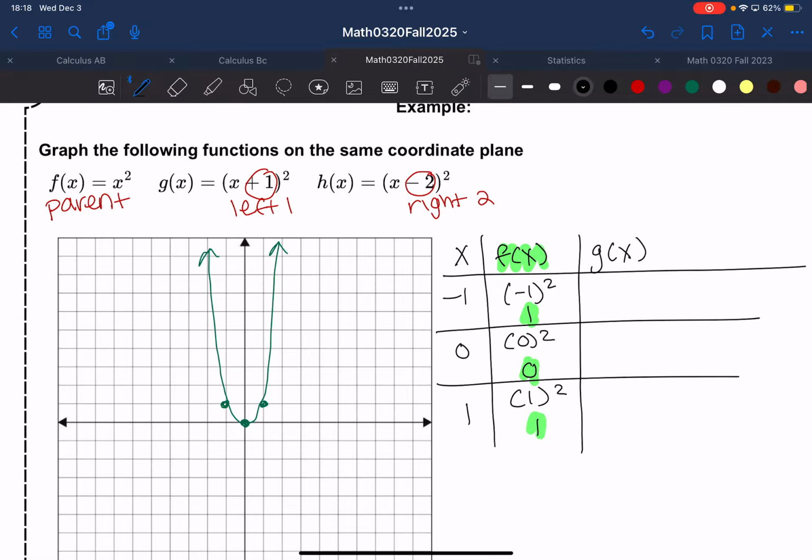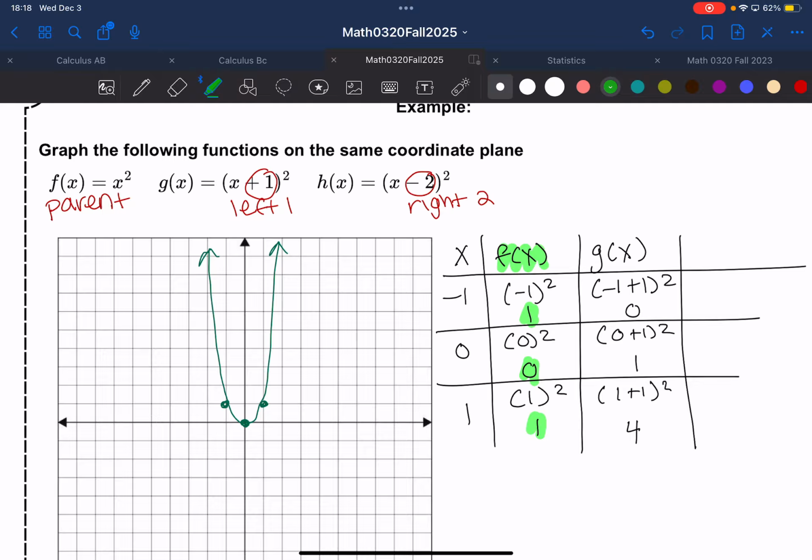So g of x is x plus 1, then we square it. So this is -1 plus 1 squared, which is 0. -1 plus 1 is 0. 0 squared is 0. Then we have 0 plus 1 squared, which is 1. And then we have 1 plus 1 squared, which is 4. 1 plus 1 is 2. 2 squared is 4.